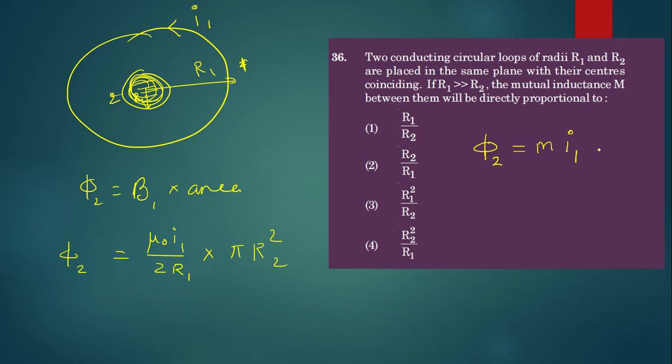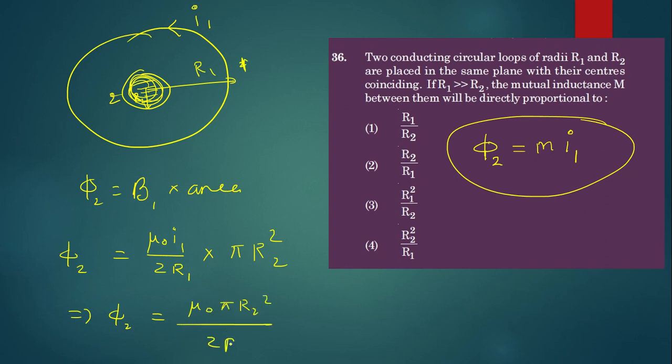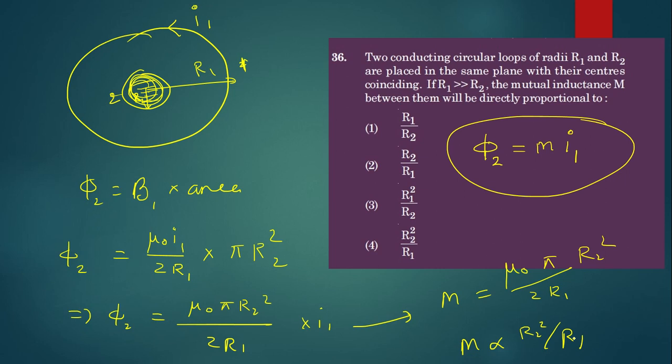Now if I compare this with the relation, what I get is that mu naught pi R2 squared divided by 2 R1 multiplied by I1, which will give us that M is equal to mu naught pi R2 squared divided by 2 R1. So this M is basically proportional to R2 squared by R1. So this is option 4, which is correct.